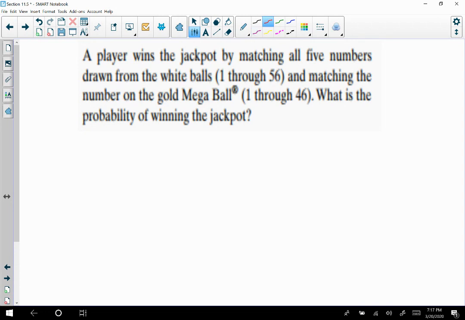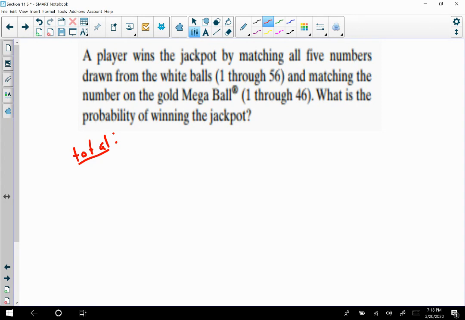All right, here we go. The first thing we got to talk about is the total. In order to get the total, if you think about it, you're drawing 5 numbers and then you're drawing a gold number. This is a lot like playing cards, where you're given 5 cards. It doesn't matter the order of the cards, as long as you have what you need.